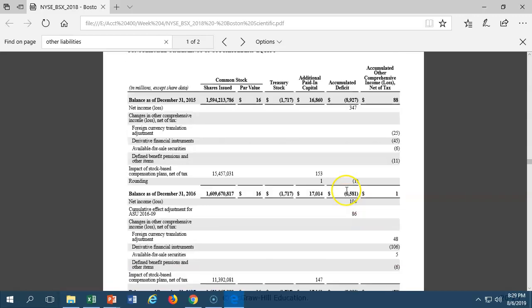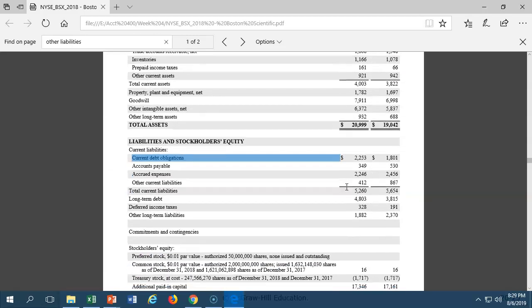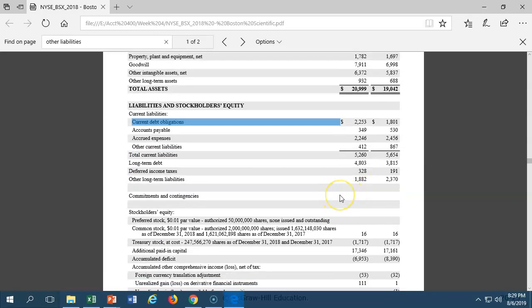Just calculate the cash flows from operations to the current liabilities. We've got 0.06. And it says that the cash ratio should go up. 0.25 in 2017.